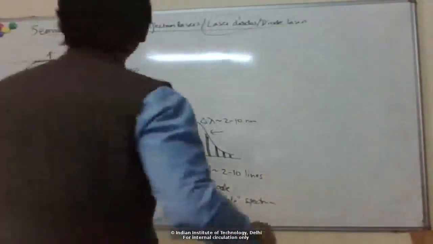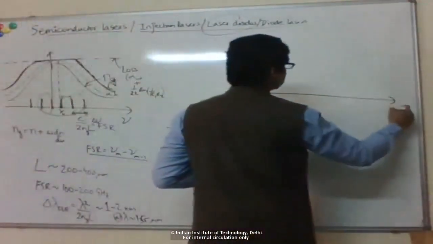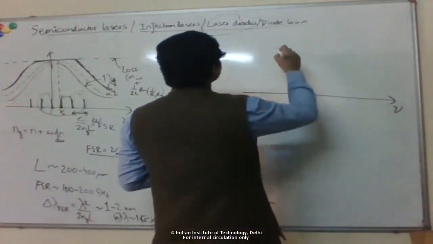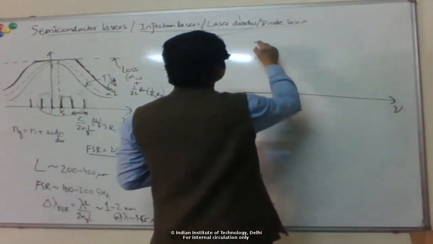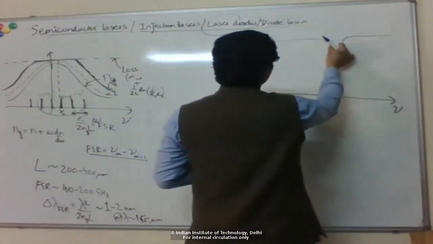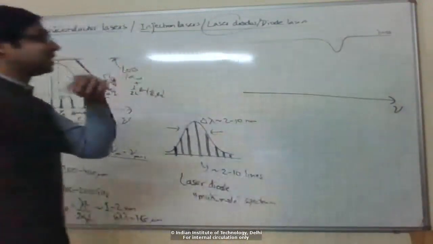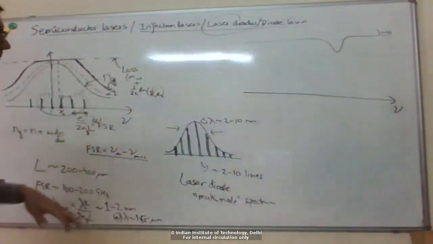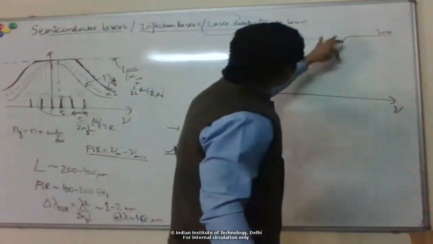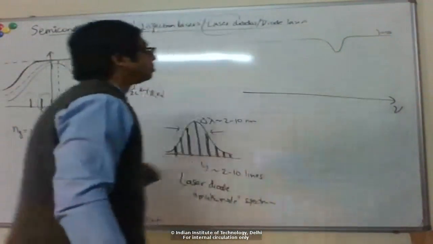Again, if we go back to this picture, now instead of a flat loss profile, let's say the loss drops for a very narrow range of wavelengths or frequencies. Somehow you are able to engineer the loss in the device such that the loss is smaller for a very small range of frequencies or wavelengths.